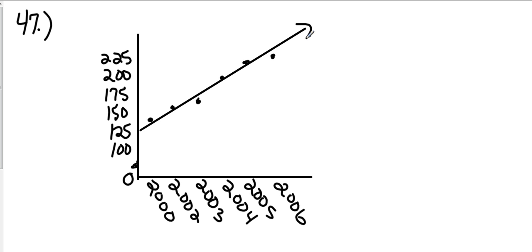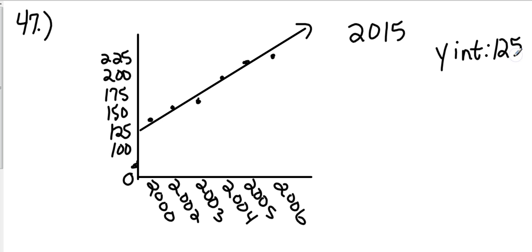Then it says use the line to predict the median price for an existing home for the year 2015. So I take the year 2015, and now I need to make an equation. So my y-intercept, to me, looks like 125. Now I need to pick a couple of coordinates.